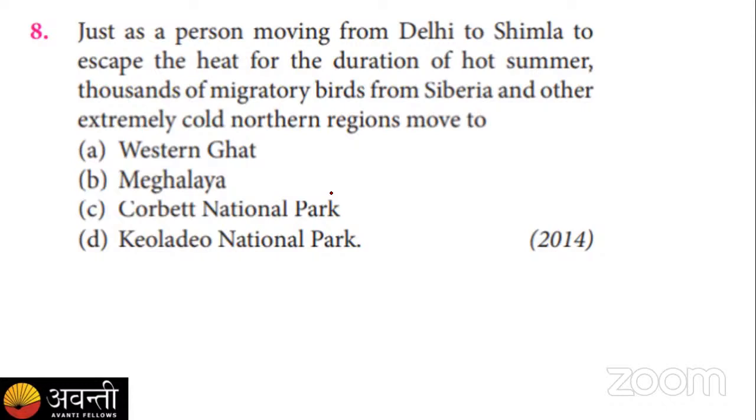So thousands of migratory birds from Siberia and other extremely cold northern regions move to, in the same way, one place in India, and that place is your option A, Western Ghat, B, Meghalaya, C, Corbett National Park, and D, the Keoladeo National Park.